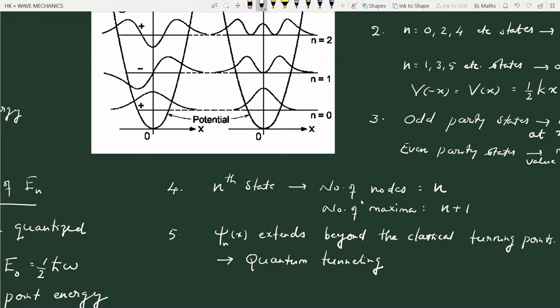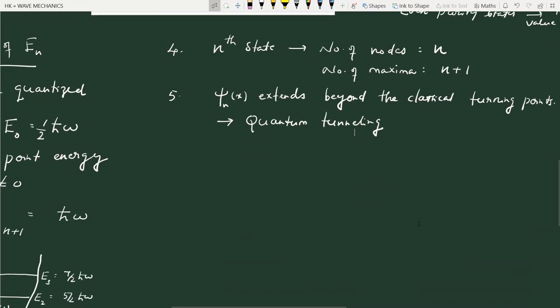Now let us compare, in the next property, classical probability and quantum probability. I mean the probability of a classical harmonic oscillator and a quantum harmonic oscillator.